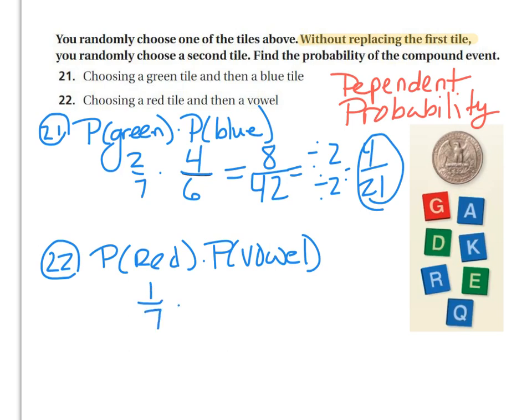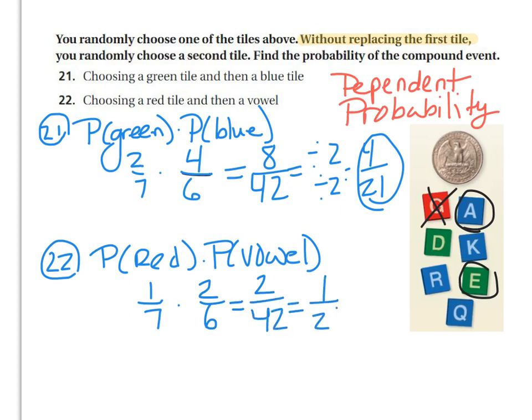Now, if that actually happened, that tile is gone, and now you're looking at what is the probability that you're going to pull out a vowel next. Well, out of what's remaining, let's circle the ones that are vowels. A and E are both vowels. That is a total of 2 tiles out of what's remaining, which is 6 tiles. When I multiply those two together, I get 2 over 42, which simplifies to 1/21.